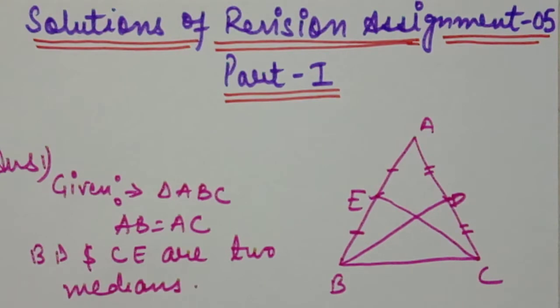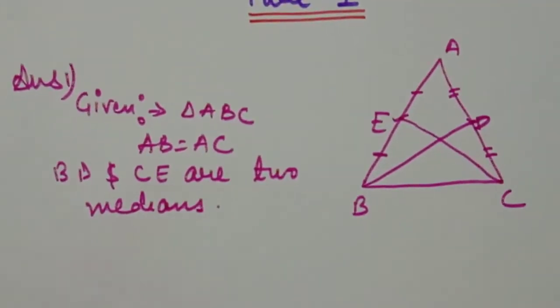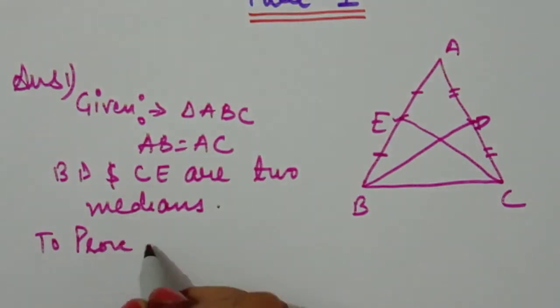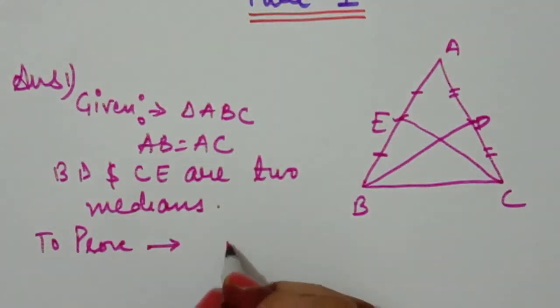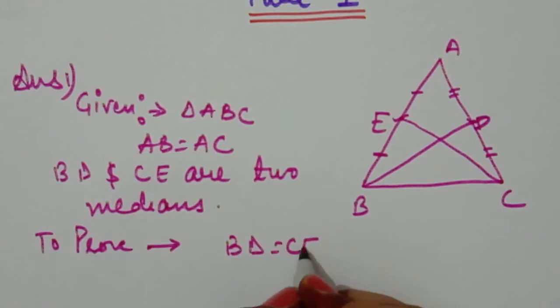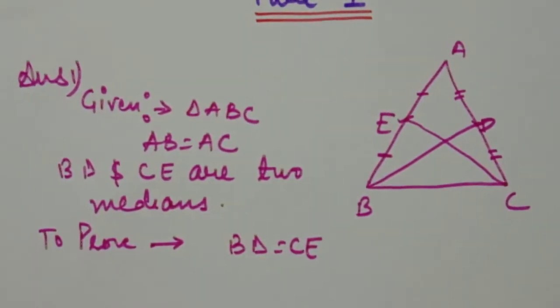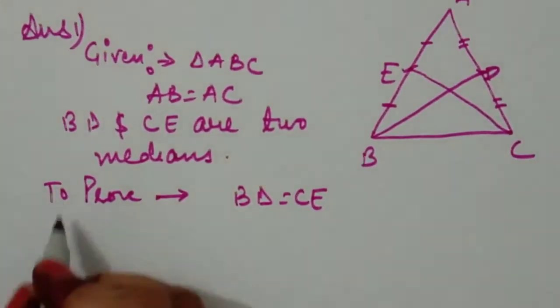It is also given. Now what is to prove? To prove is BD is equal to CE. We have to prove it. For this we will start our proof.